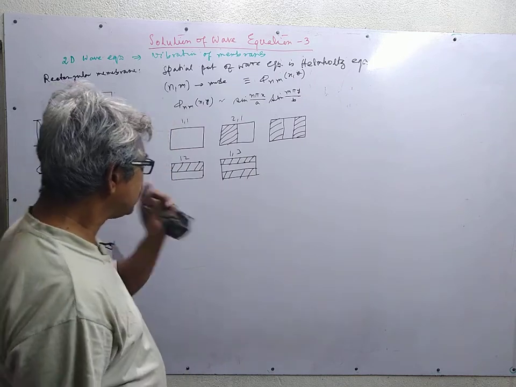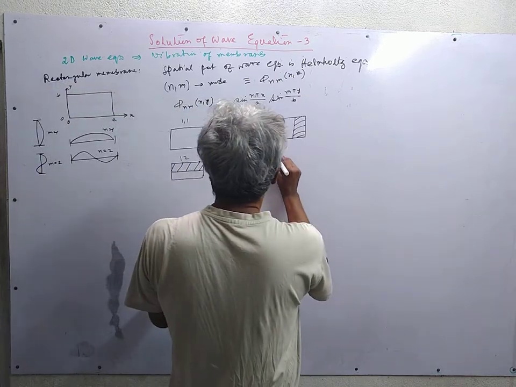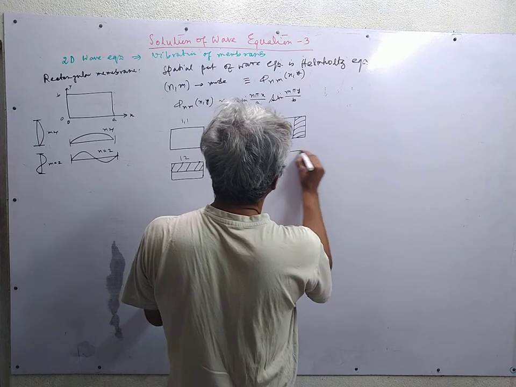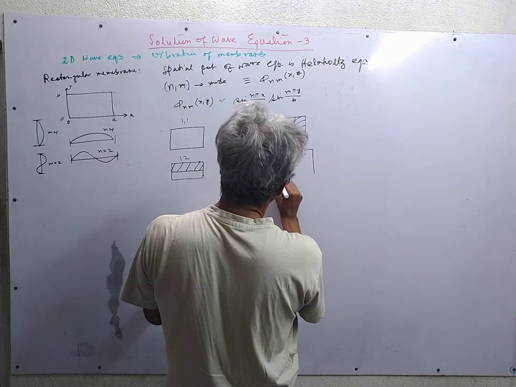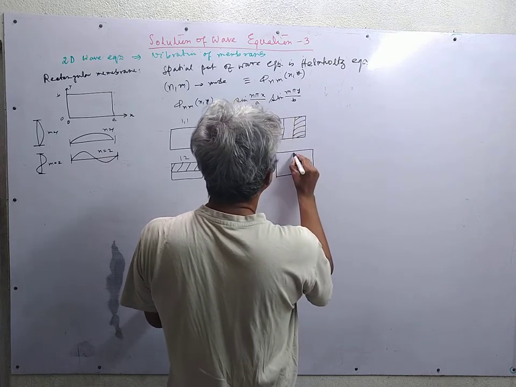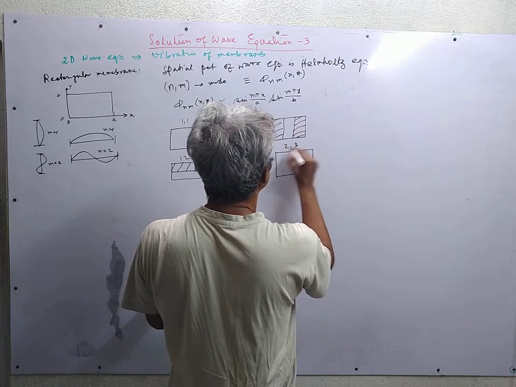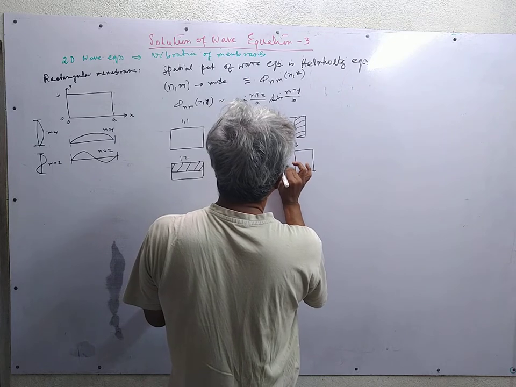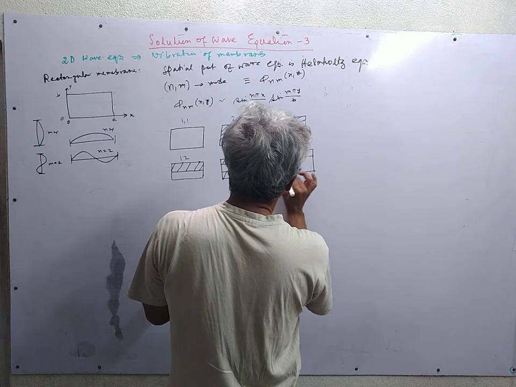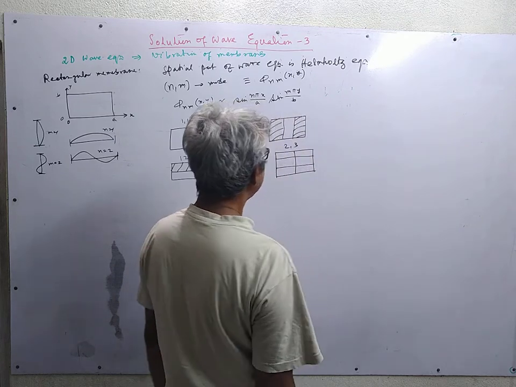And we are considering 2-3 modes. So we consider the 2-3 mode. Along x direction, it is divided into two parts because it is the 2-3 mode. Along y direction, we have divided it into three equal parts.